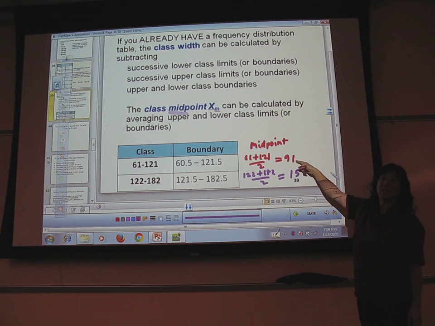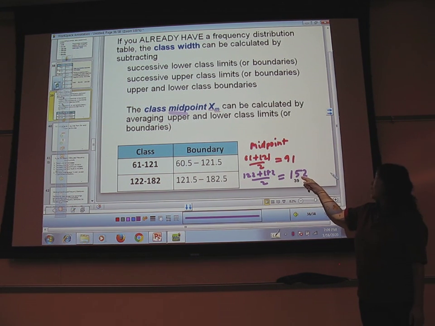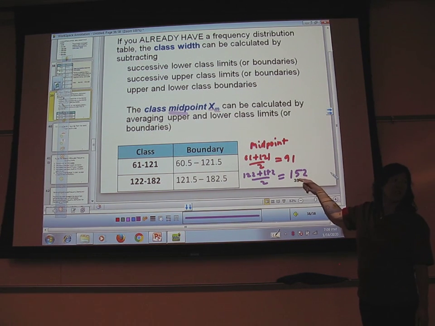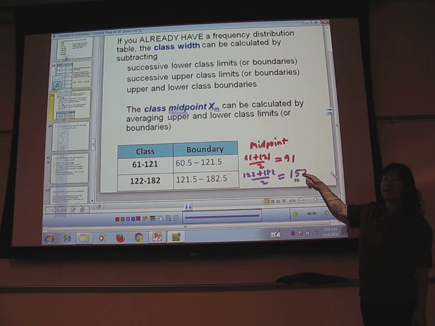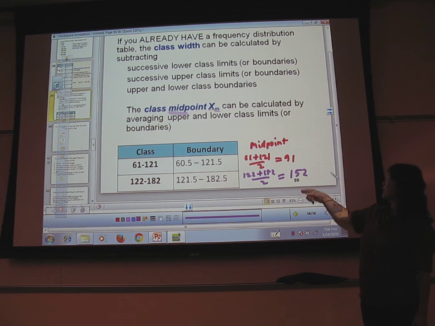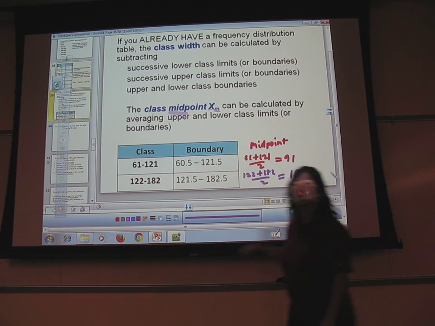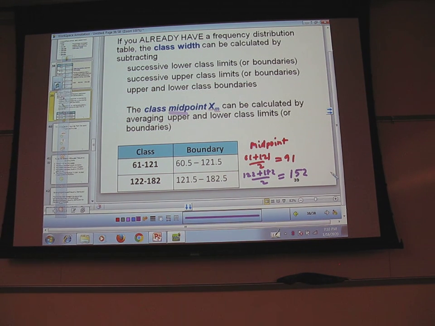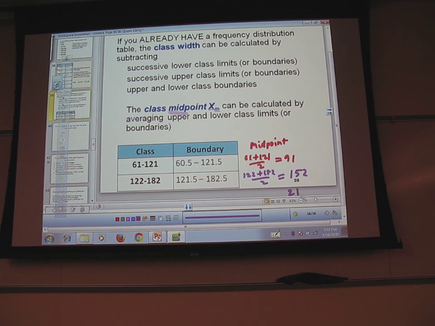So if I took this and added 61, I'd get here. How can I find the next one? Add 61. If I added the class width, 61, the next midpoint is going to be 213. Because this is just plus 61, plus 61.